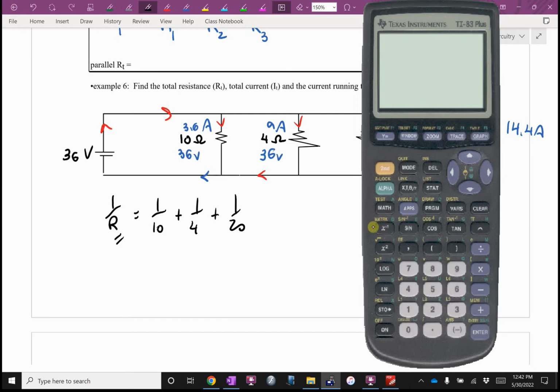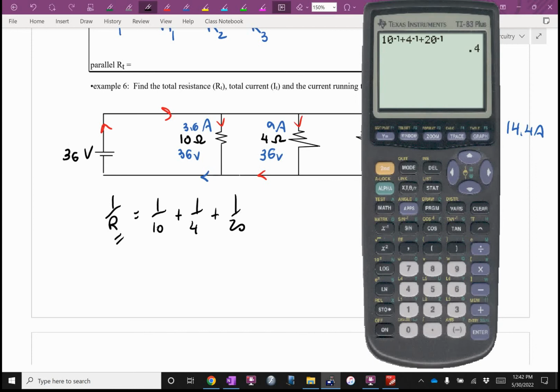Mine is right there. Find your little x to the negative 1 button, and the shortest way to type this is you could just go 10, take the reciprocal please, plus 4, take the reciprocal please, plus 20, take the reciprocal please, and hit equals. You get 0.4.